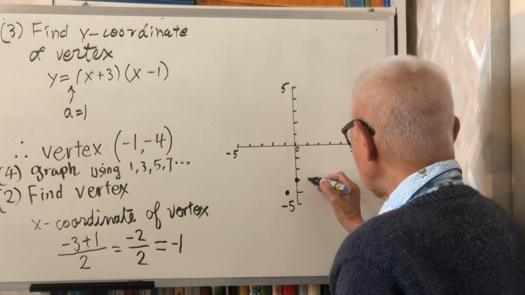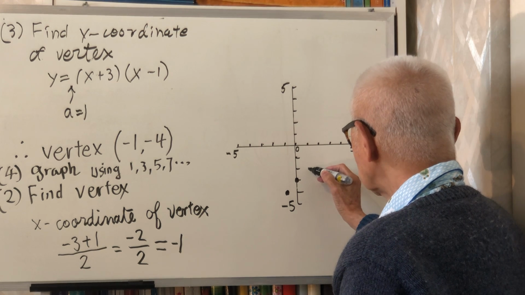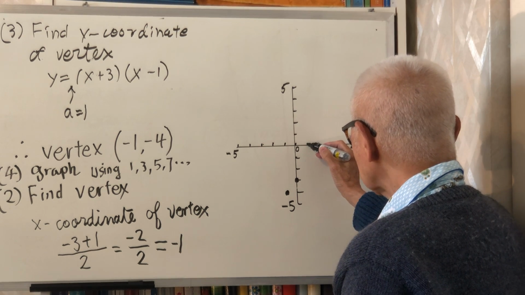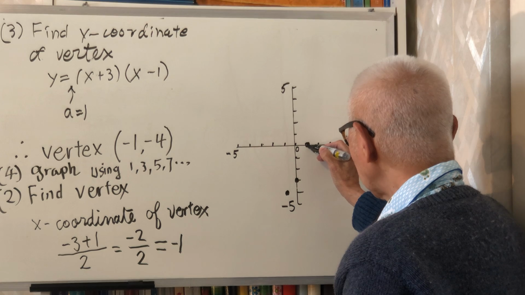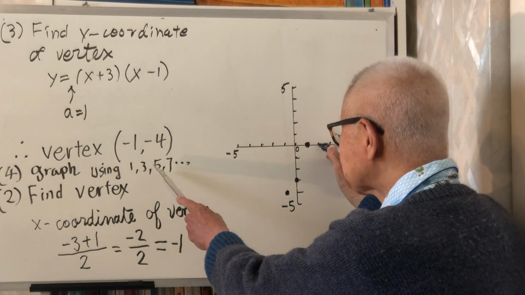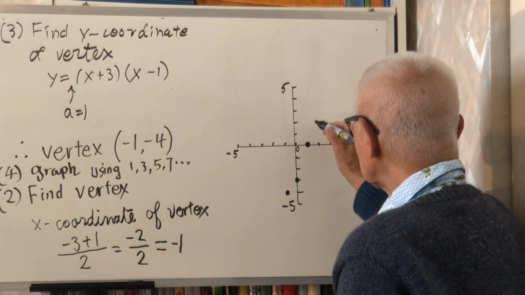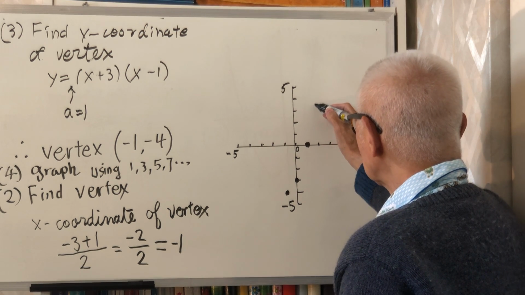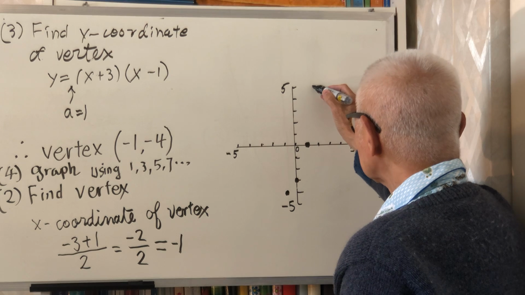One step to the right and 3 steps up. 1, 2, 3. Actually, this is my x-intercept. One step to the right and 5 steps up. 1, 2, 3, 4, 5.